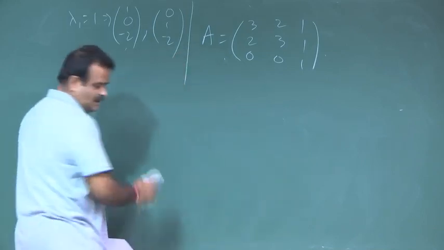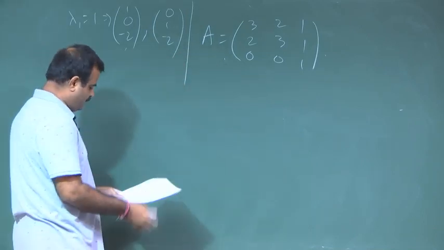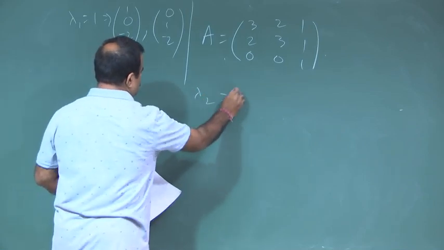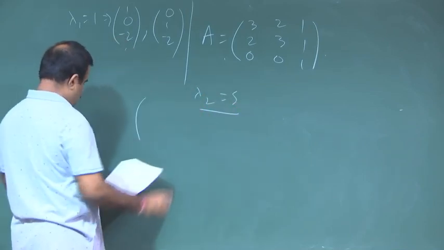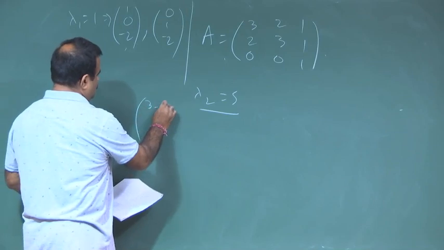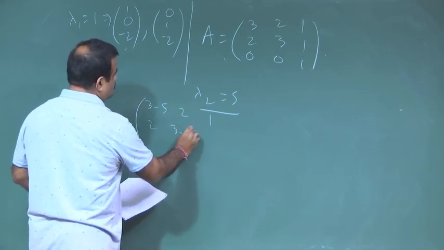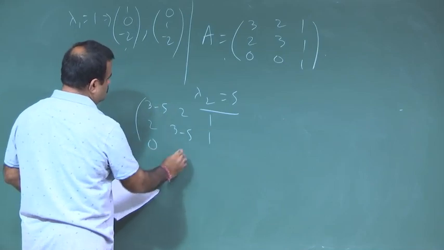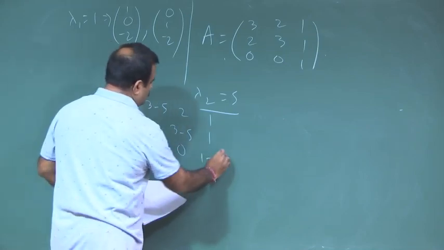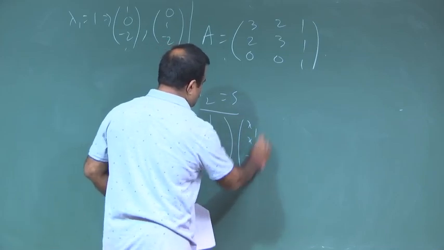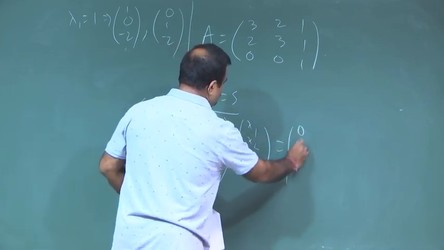Now we need to find the eigenvector corresponding to the other eigenvalue, which is 5. How to get that? Lambda 2 is 5. For that we need to solve the equation with rows 3 minus 5, 2, 1; 2, 3 minus 5, 1; 0, 0, 1 minus 5, times x 1, x 2, x 3, equal to 0, 0, 0.